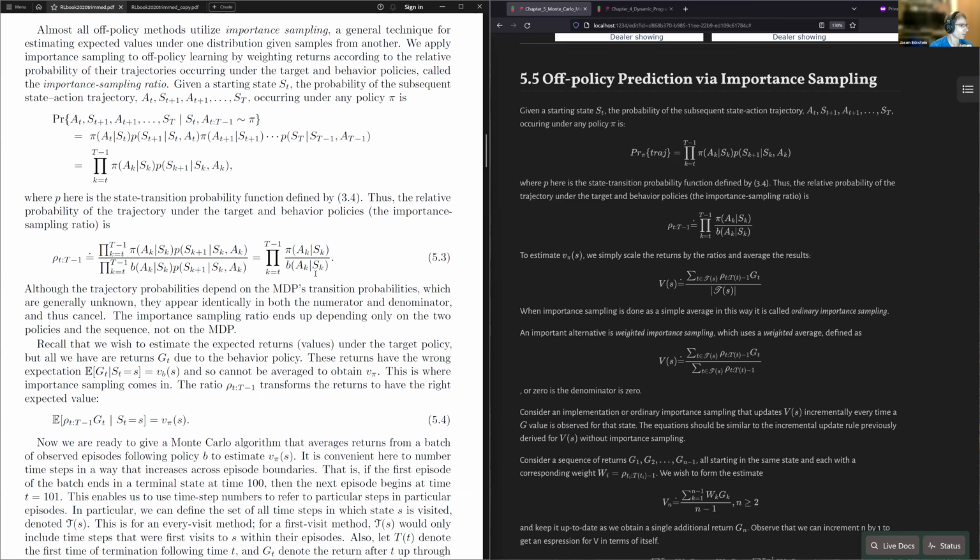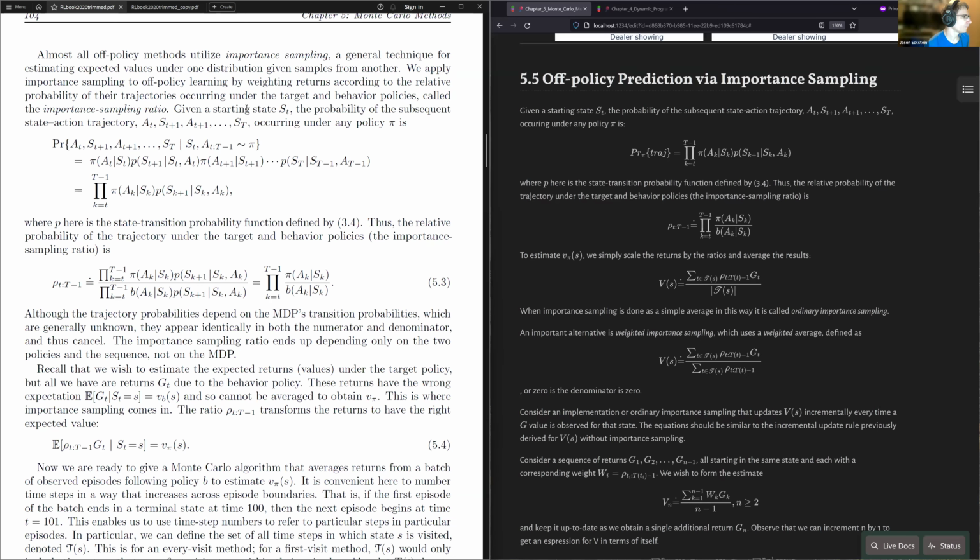Well, first off, in this part of the chapter, it's just defining this ratio. There's this probability here, which is the probability that a particular trajectory would have occurred under the target policy.